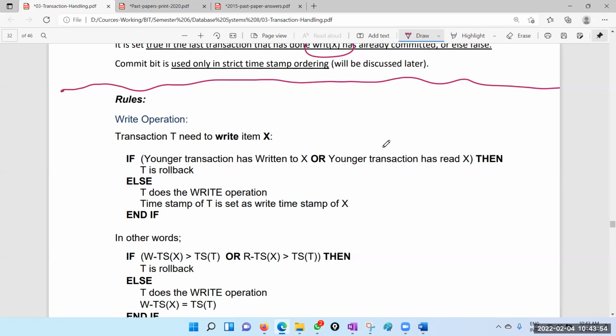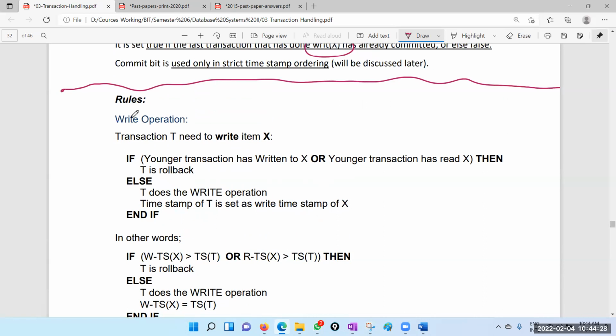This is a very brutal approach here: if the rules are not satisfied, one of the transactions has to roll back. There's nothing called waiting here. But the possibility of those rollbacks is very low, the way we do it.